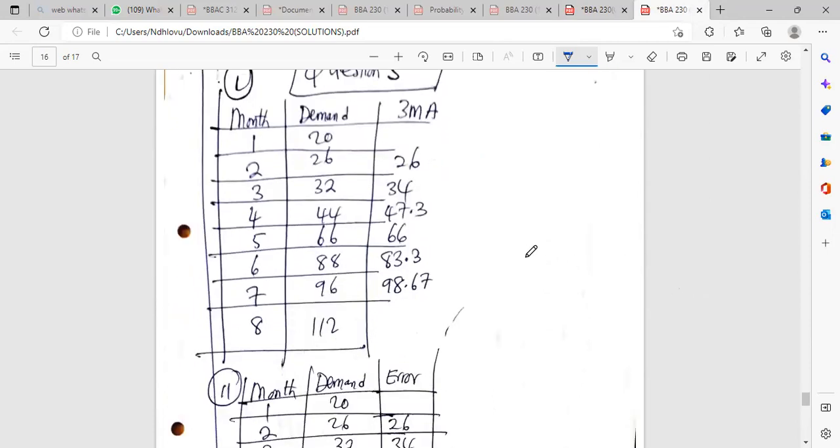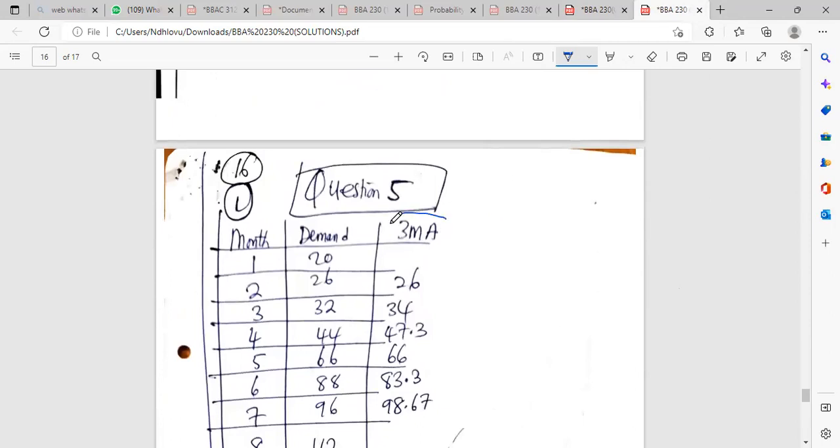So what happens here is we are saying the three moving average. So we can get a calculator, you add 20 plus 26 plus 32. All right. And then the average of these three should go to the middle of the numbers. So that's where we have the 26 coming in the middle of the three numbers.